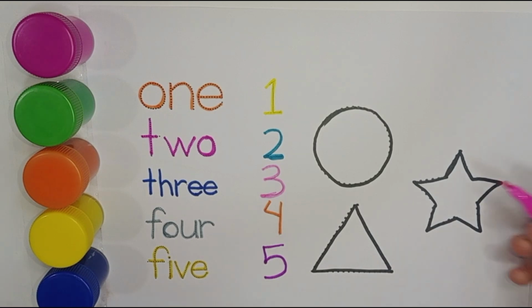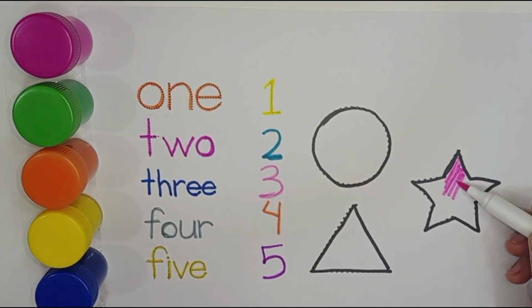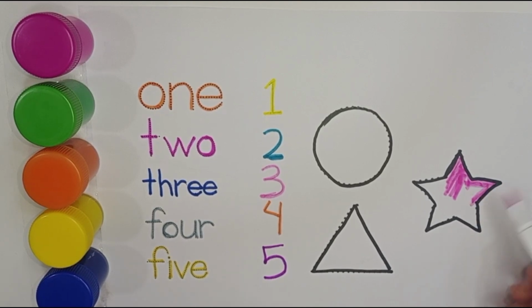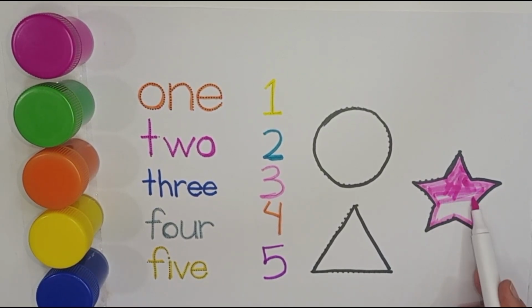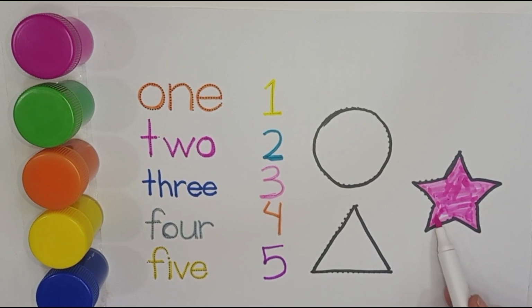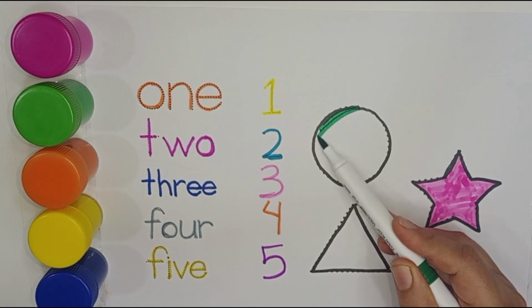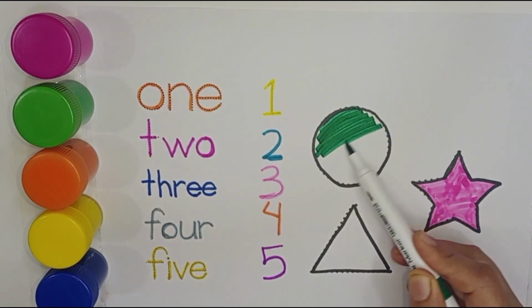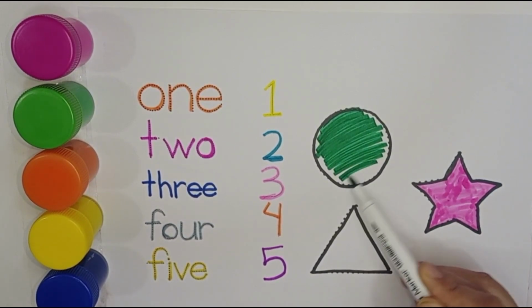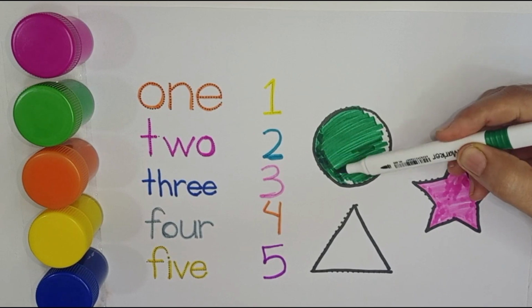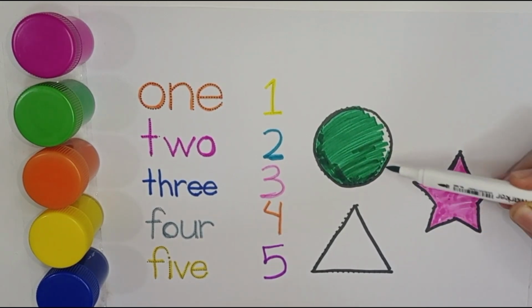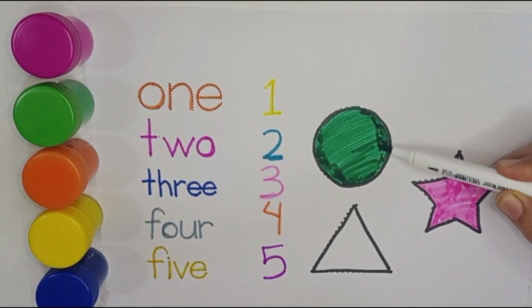Now we will color shapes. Star. Circle. Triangle.